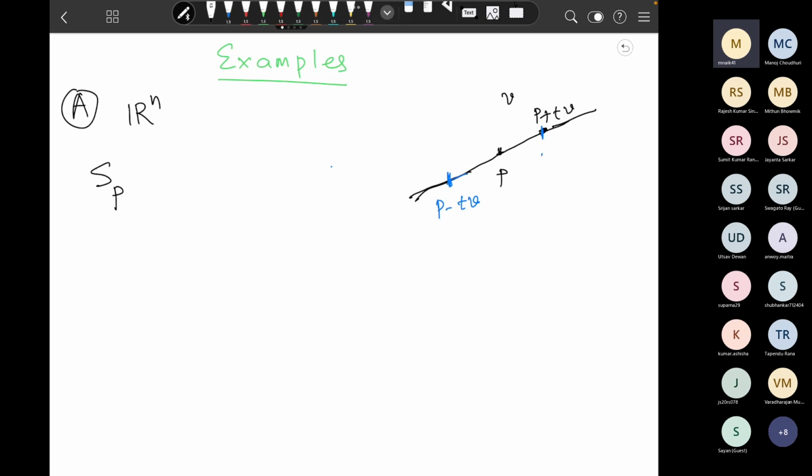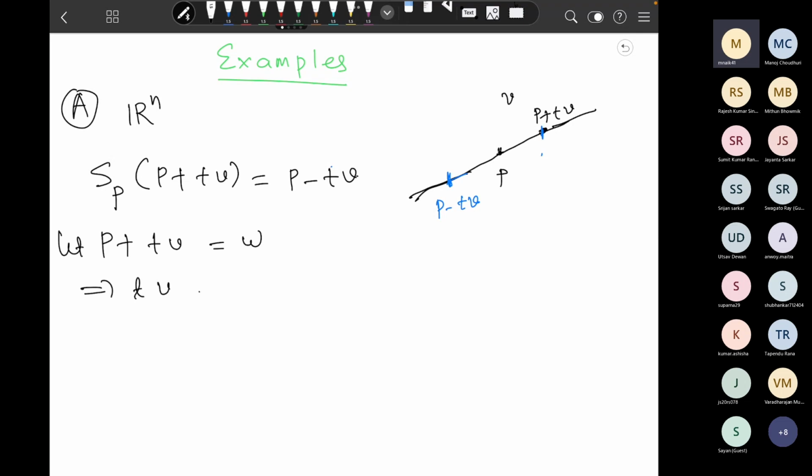It is very easy to see that S_P of P plus tV is simply P minus tV. And if you write P plus tV equal to W, this implies tV will be W minus P.